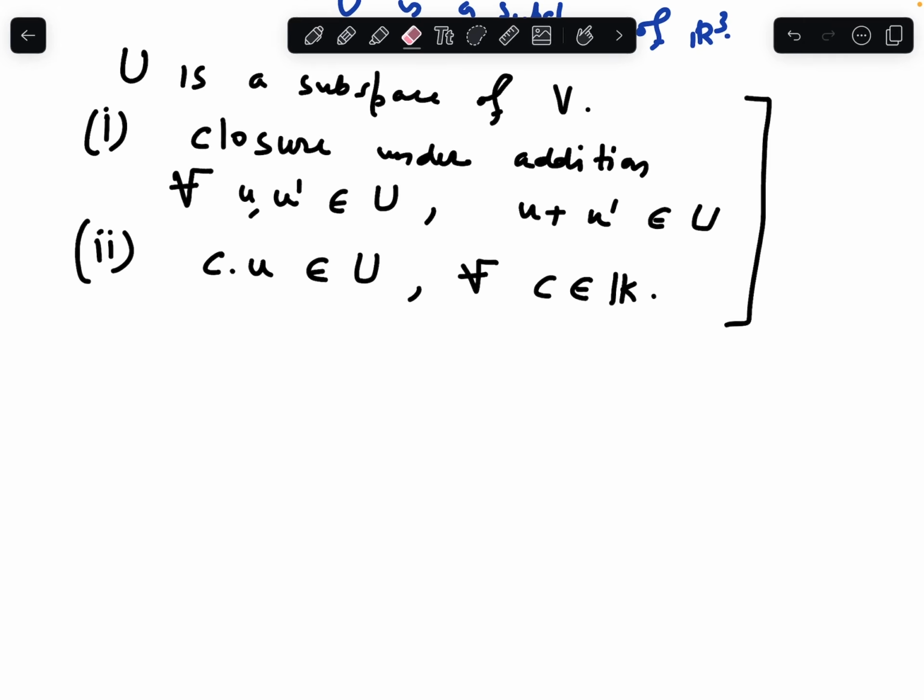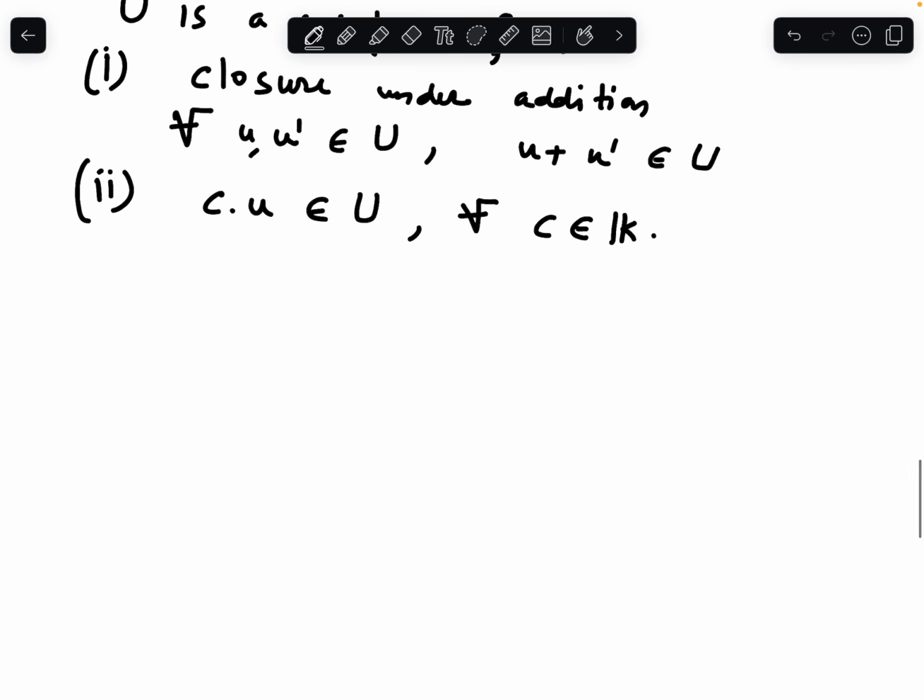Now let's take a few examples to see the power of this. Look at this set x1, x2, x3.